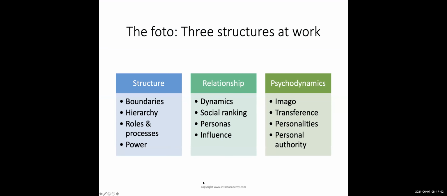But we were talking last time about the structure, the relationship, the psychodynamics. In the structure, the photo, we talked about boundaries, hierarchy, roles. In relationship, we talk about dynamics, about social ranking. It's really interesting personas. And at the psychodynamic level, we talk about imago, transference, and personalities.